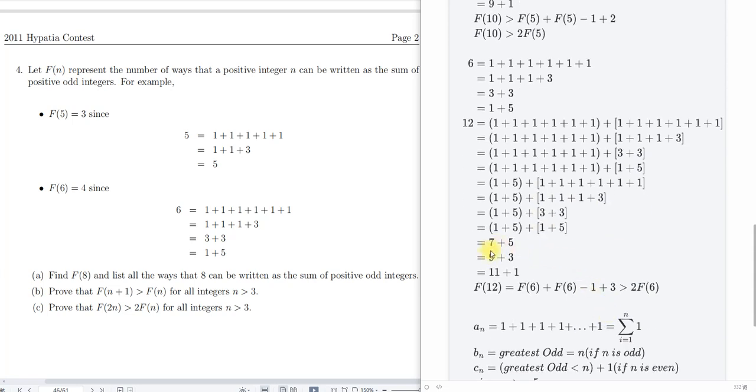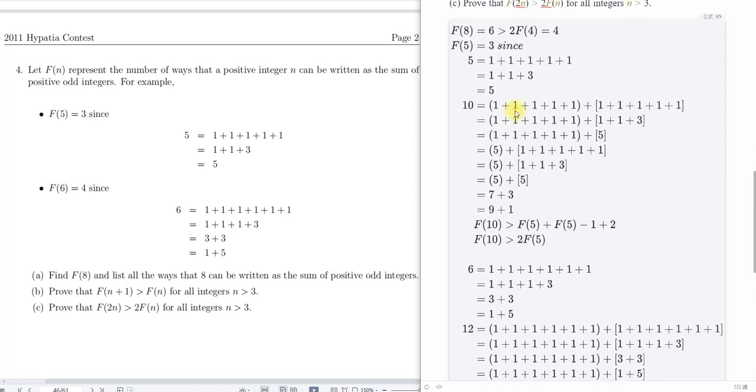But there are 3 odd numbers which are greater than 6 and less than 12. So these 3 won't appear in f(6). They will only appear in f(12). So these 3 are new. So that's f(6) plus f(6) minus 1 plus 3, so it's greater than 2f(6).